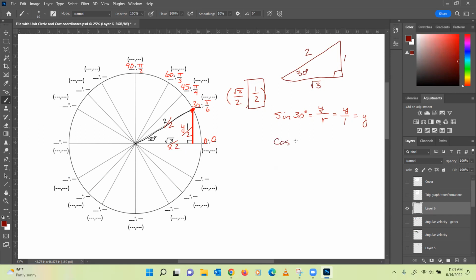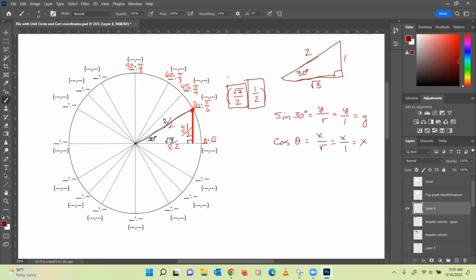Cosine of the angle, I'm just going to use theta now in case we decide to go to the 45 and 60, is the x value over the radius, adjacent over hypotenuse. If the radius is 1, then it's x over 1, so x would be the cosine. So the cosine of 30 degrees is √3/2, and if we go over here to our triangle, adjacent is √3 over a hypotenuse of 2, √3/2.